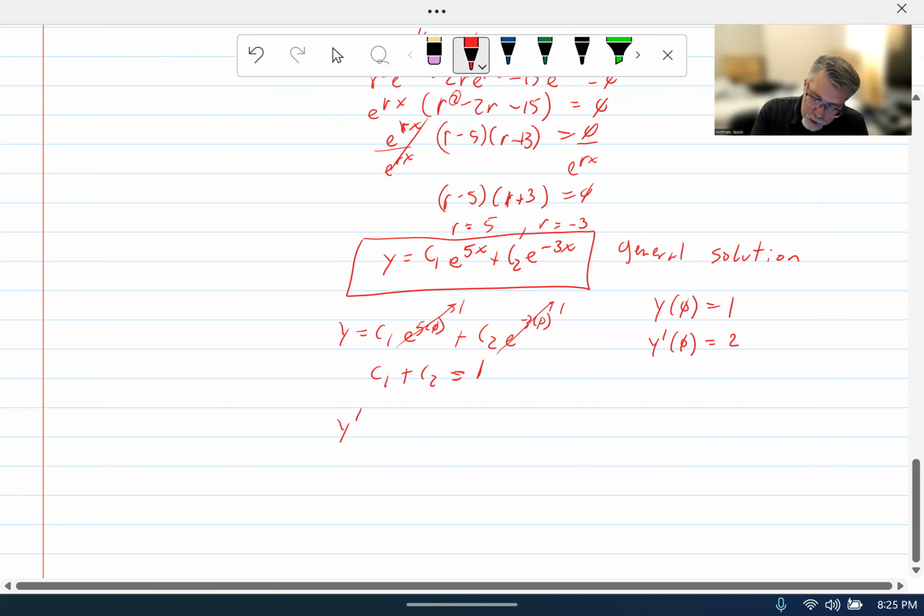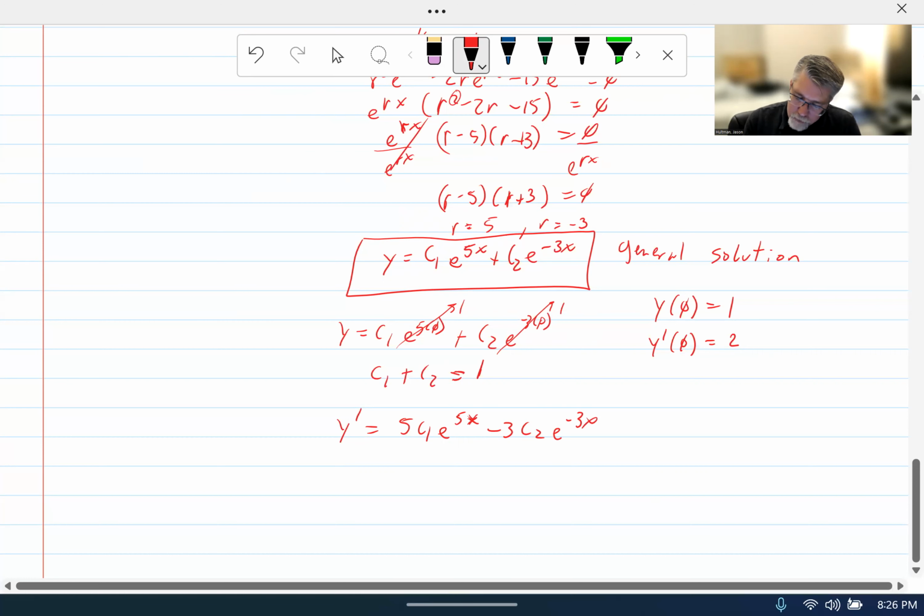If I took the derivative of the answer here, I would get 5c1 e to the 5x minus 3c2 e to the negative 3x. I would just differentiate that.